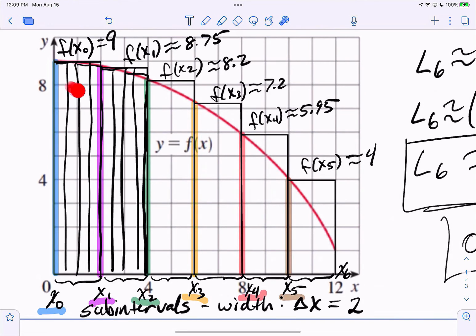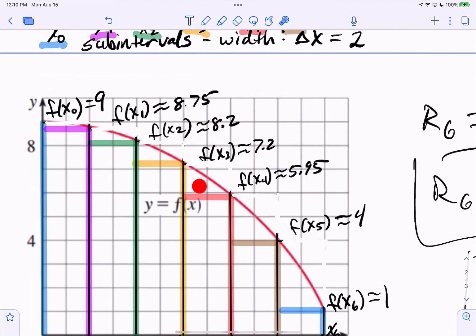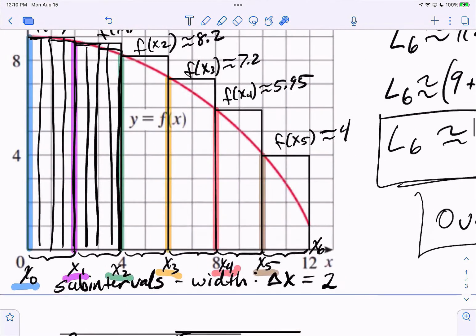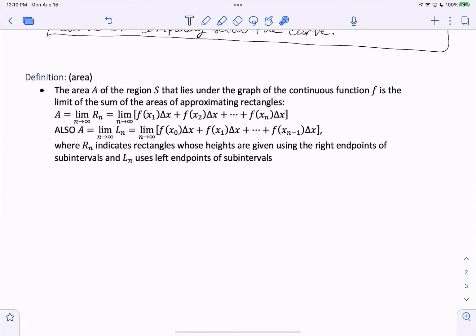The smaller the rectangles that I use, the smaller the gaps are above, in this case, above the function, or below the function. And as n goes to infinity, an infinite number of rectangles, the left endpoint and the right endpoint basically become the same. And so here we're saying it's the limit as the number of rectangles goes to infinity of the estimate of the area obtained using rectangles.